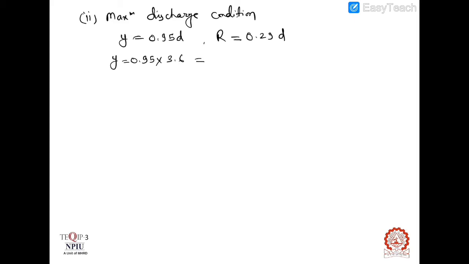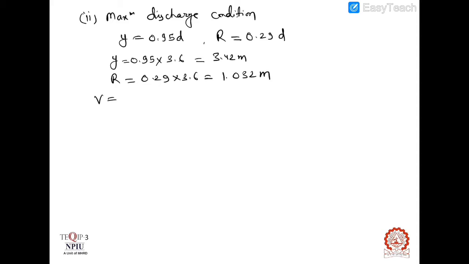This will give you 3.42 meter, and hydraulic mean depth is equal to 0.29 multiplied by 3.6. This will be equal to 1.032 meter.